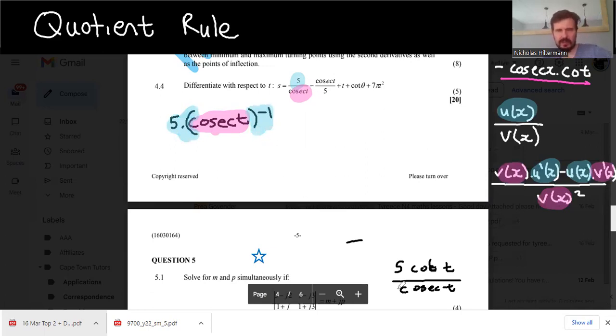The derivative of cosec is minus cosec cot t, times, okay, now the derivative of this is minus 1 times 5, which is minus 5.